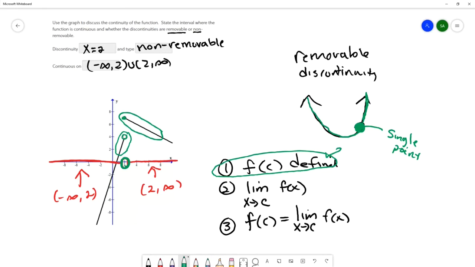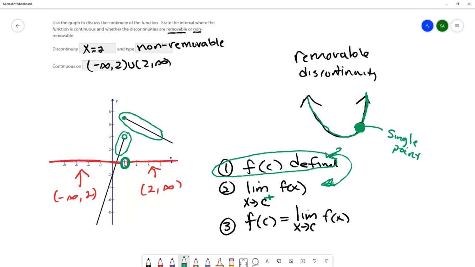And instead of looking at the overall limit, we can look at the one-sided limit just from above, and these two match each other. The function value and the limit value match each other.